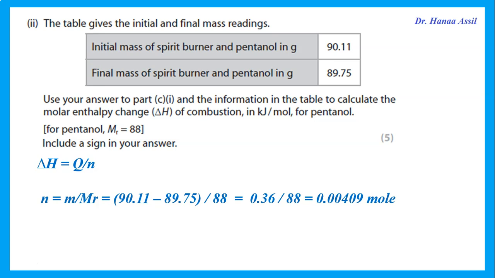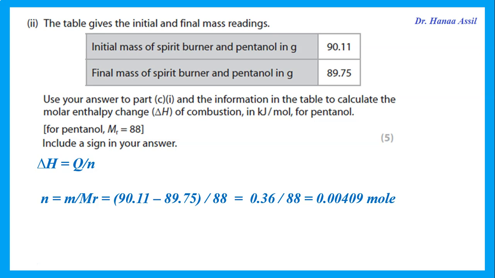What is the mass of pentanol that we used? Well, we have an initial mass and we have a final mass. So the difference between them is the mass that was burnt. Divided by the Mr of pentanol, the question already gives the Mr of pentanol.